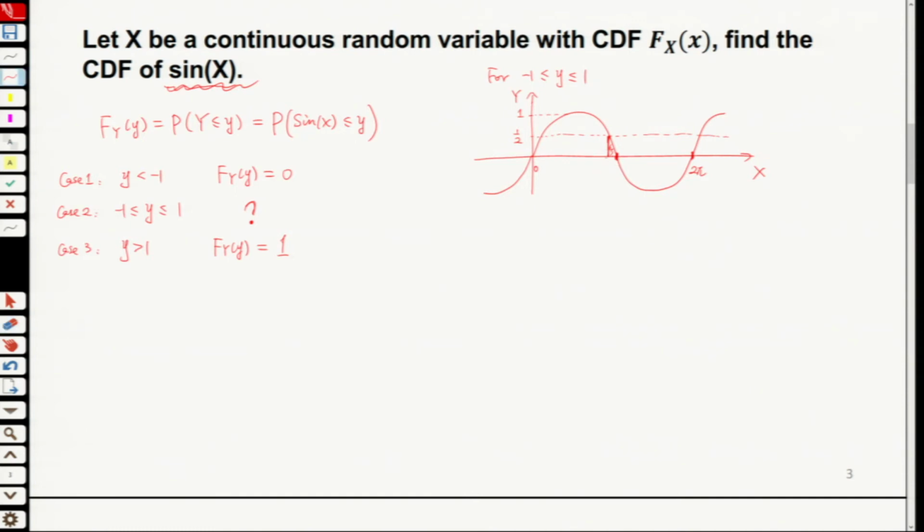This location is 5 pi over 6, and this is pi. This is 2 pi, and this location should be 2 pi plus pi over 6.